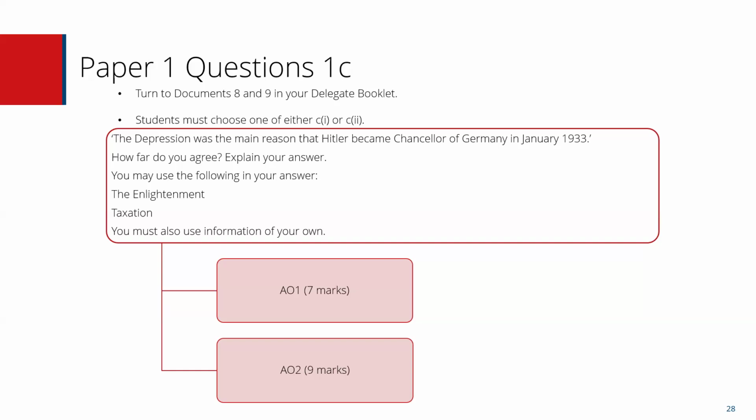So the AOs here are AO1, where they've got to show knowledge and understanding, and AO2, where they're explaining, analysing, and making judgments.